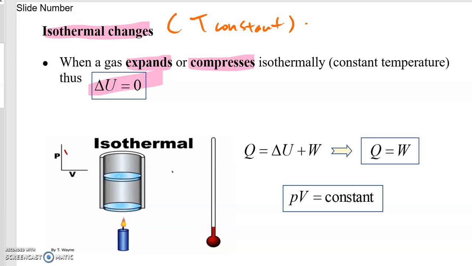When temperature is constant, delta U is 0 because there is no change in temperature. So we have Q equal to W because delta U equals 0. So PV is constant here.